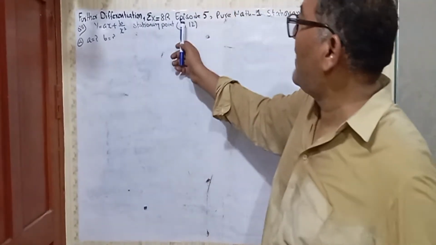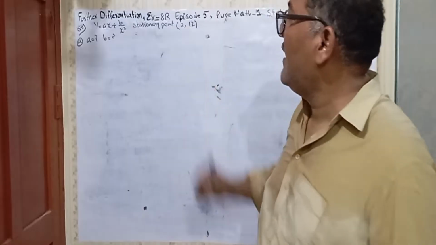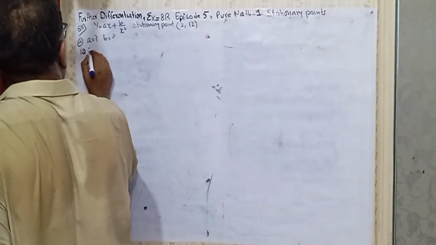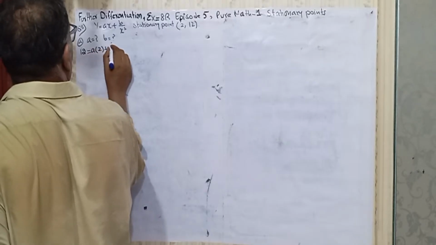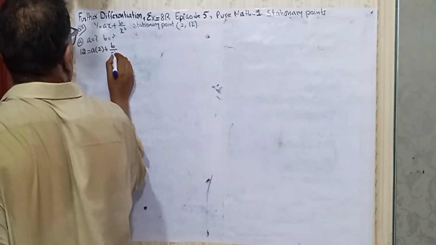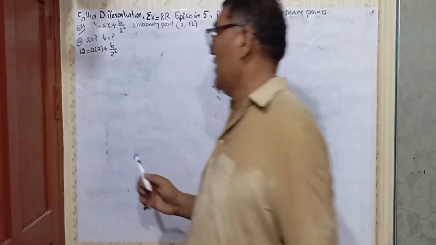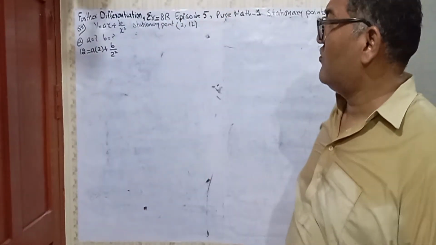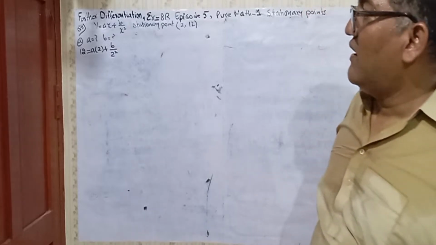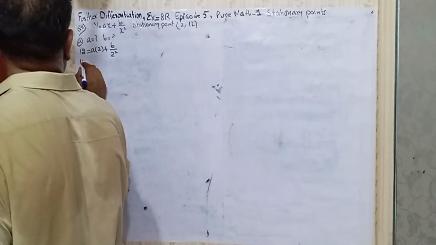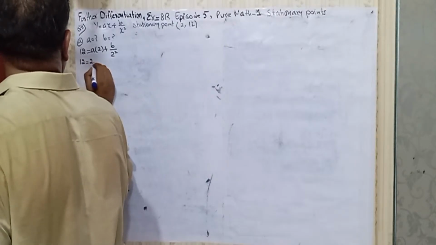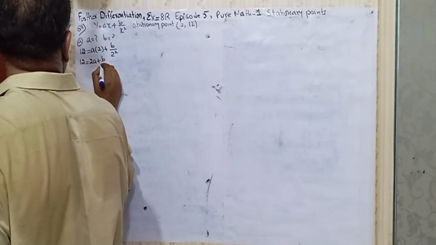In the place of x, I will put 2. In the place of y, I will put 12. So you will have 12 equals a times 2 plus b, divided by 2 squared. I have substituted 2 and 12 for x and y, so 12 equals (2a plus b) divided by 4.